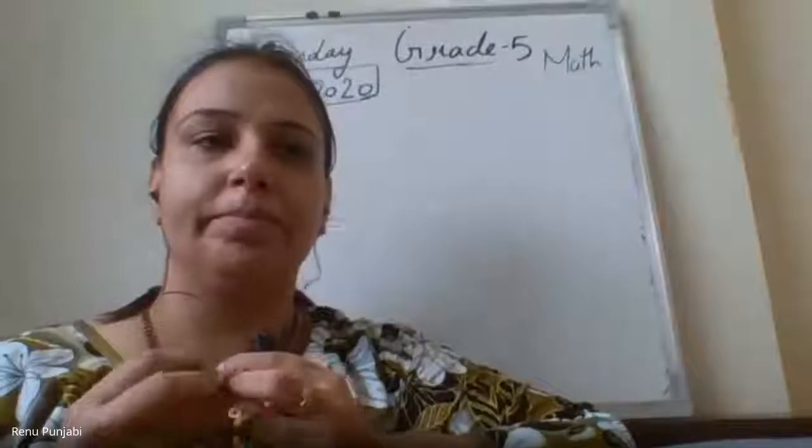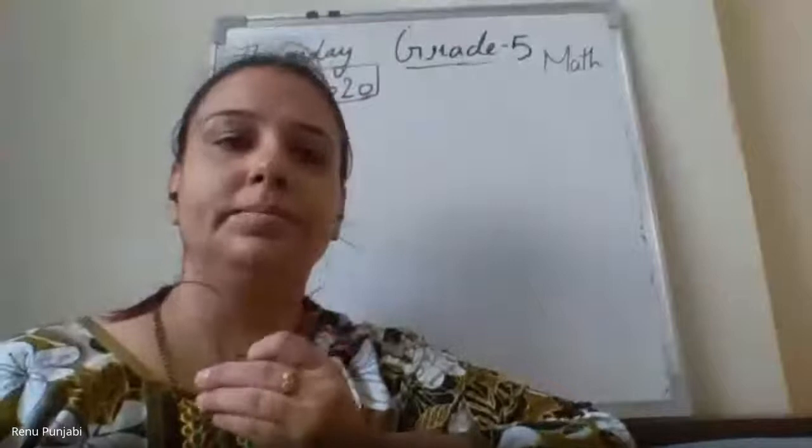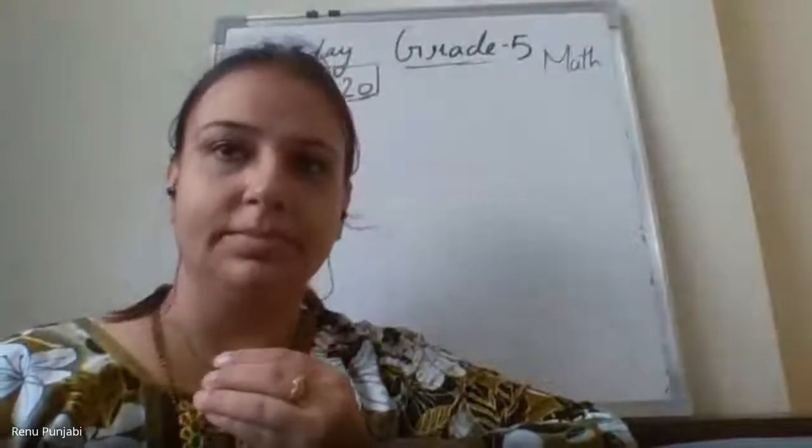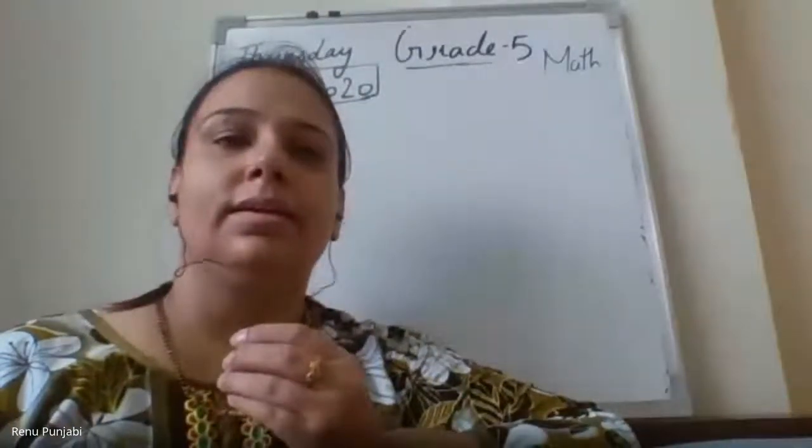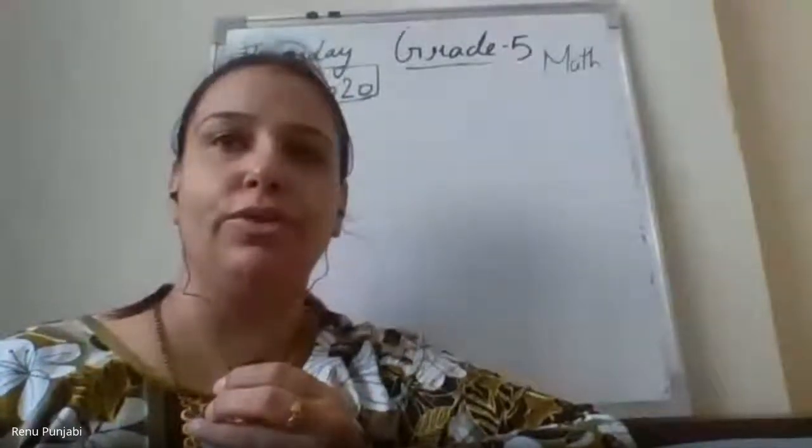Yes, ma'am, I am here. Okay, please check that everybody should have switched on their cameras. Okay, ma'am. Carry on, Renu ma'am. Thank you, ma'am. Good morning, children. Now switch off your microphones.